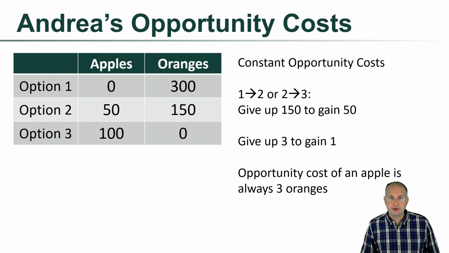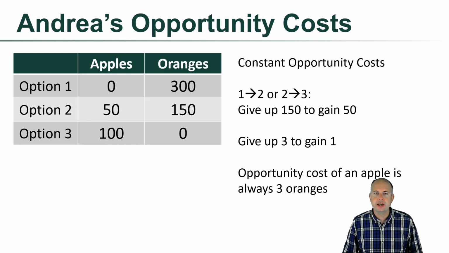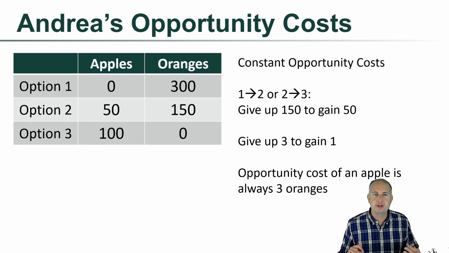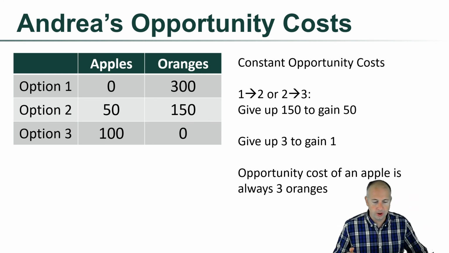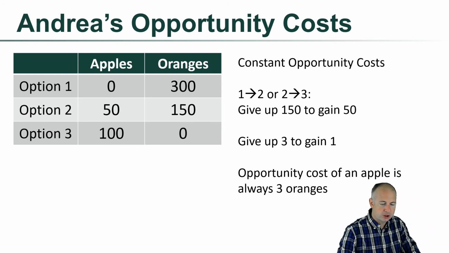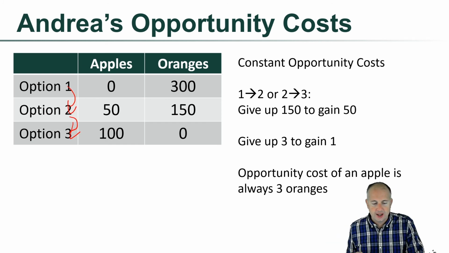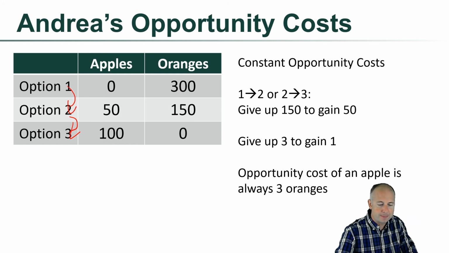Another term we want to learn is something called constant opportunity costs. Constant opportunity cost just means that at any point on her production possibility schedule, she has the same opportunity cost. And so whether we're going from option 1 to option 2, or from option 2 to option 3, it is always the case that she gives up 150 oranges.